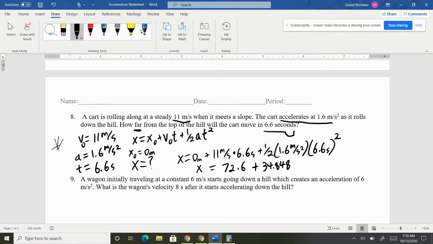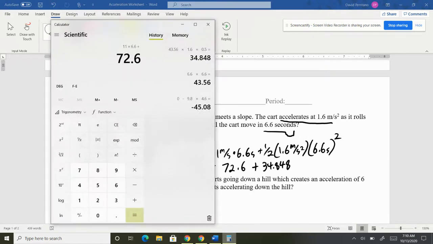And now I can just add up those two numbers. 34.848. 107 point, and we didn't go to so many decimals in the problem, so we can just go 107.4.